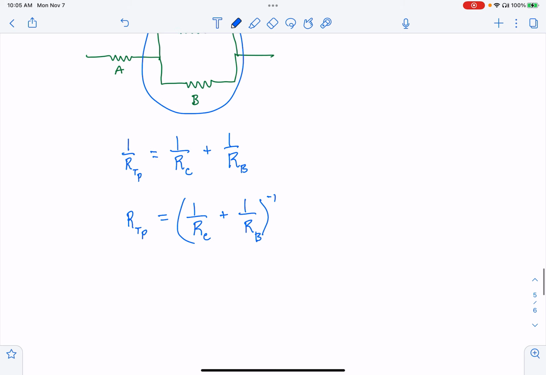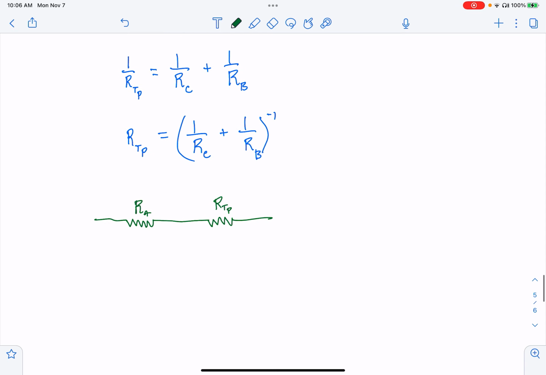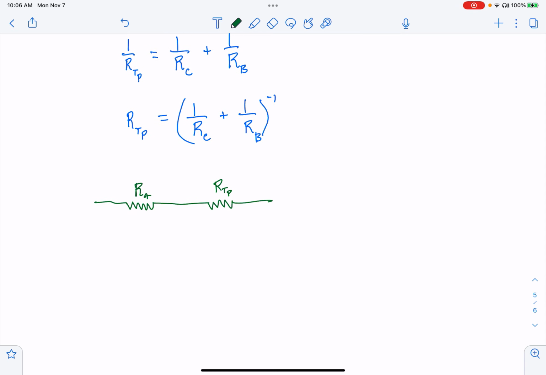Now, since we have that, we can redraw our circuit, and now we have A here, and we have RTP. Let me be a little bit clearer here. This is going to be R sub A, and it has a value. So now we know how to solve this.